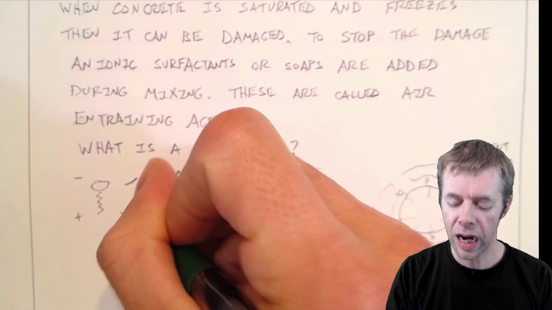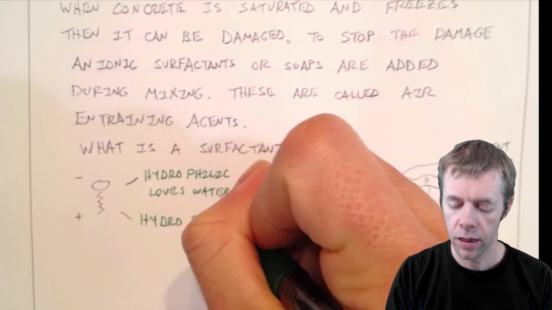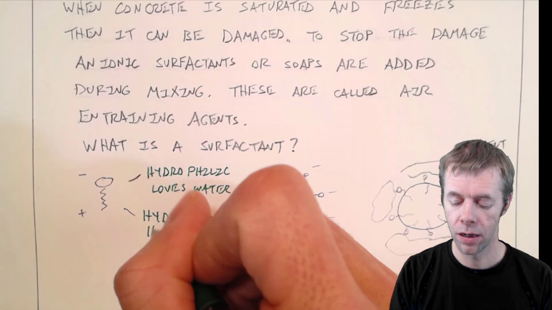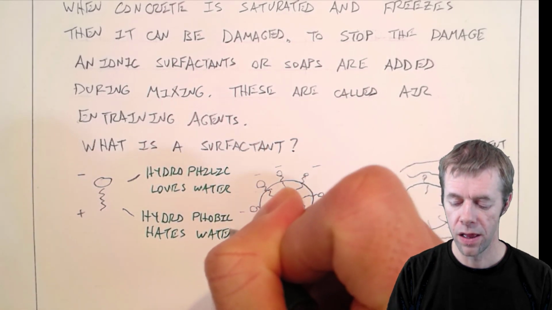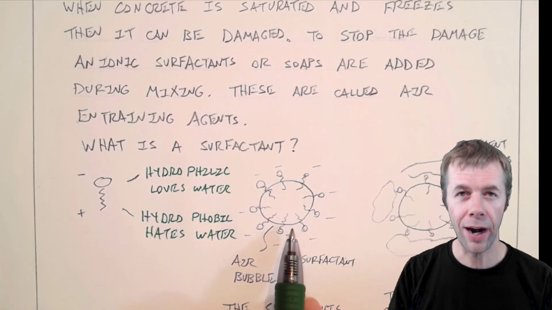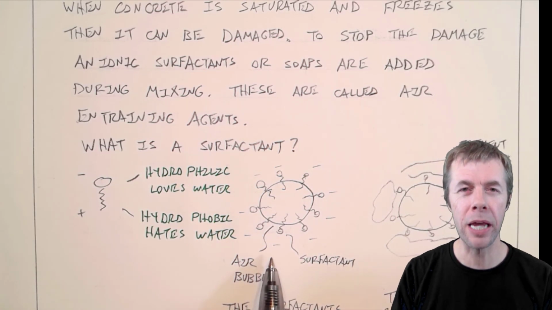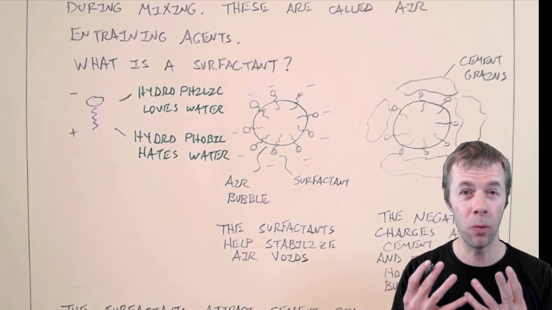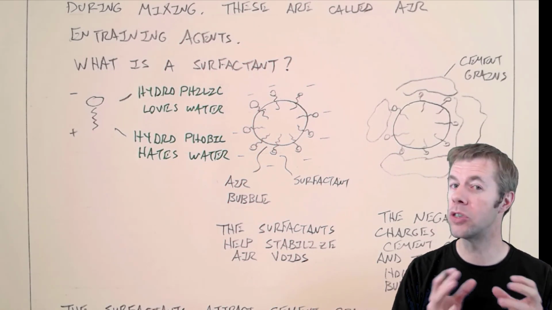And then it's got a hydrophobic tail, which means it hates water. These surfactants align themselves around the air-water interface, and they help stabilize bubbles. They help make bubbles stable, or thermodynamically possible, that wouldn't usually be there, because we want small bubbles, not big bubbles.